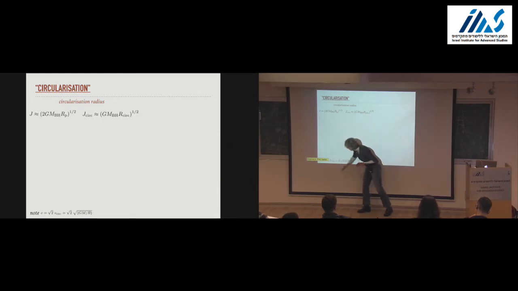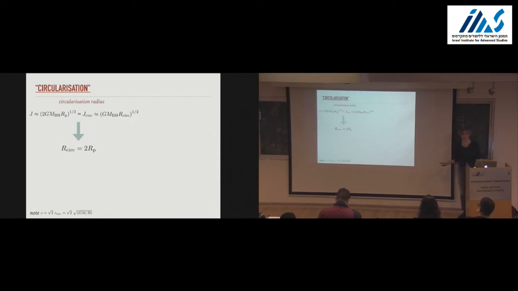Here there is a footnote: the velocity for an elliptical orbit differs from the orbital velocity for a circular orbit by square root of 2. And so I get the circularization radius, which is the famous 2 times the pericenter I was mentioning yesterday.